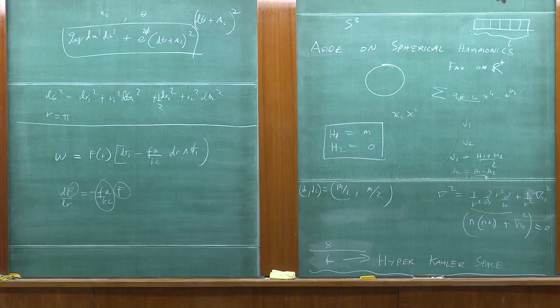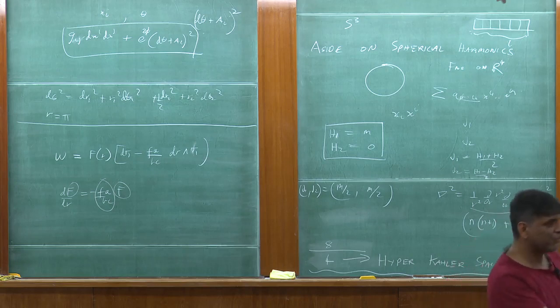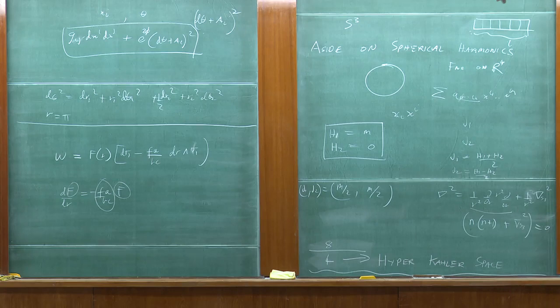How do you say that at r equals pi it is regular? Now this isn't just a local differential equation. Now you have to impose what it means for the solution to be regular at r equals pi. Meaning you go to r equals pi, transform to regular coordinates, demand that f is regular in those regular coordinates, transform back to your coordinate system, and see what that means.